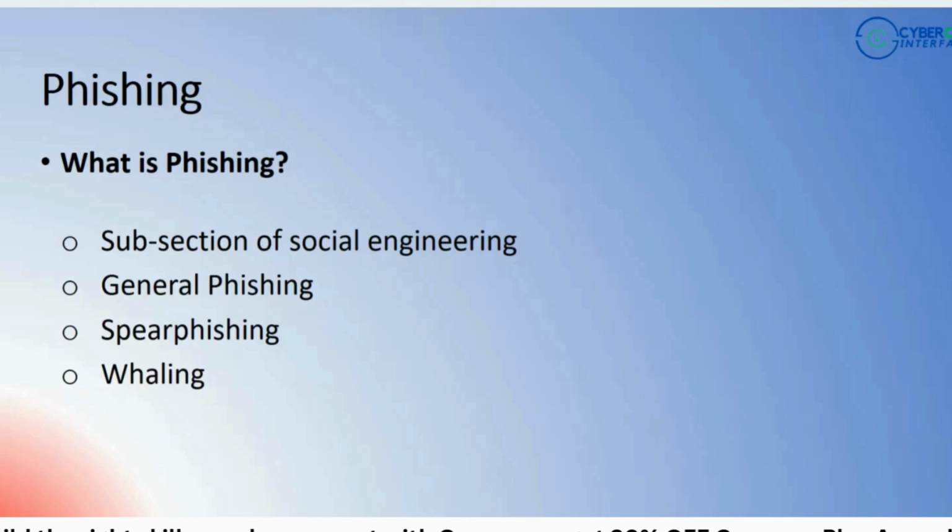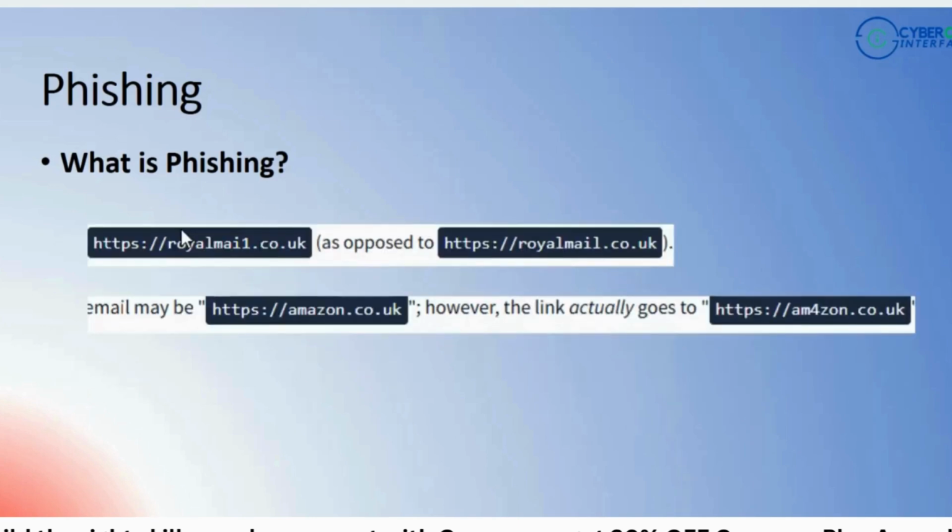Then whaling is when you are targeting top executives, like CEOs, CFOs, the top guys in a company, an organization or an institution. Those are whales; big shots are referred to as whales. So when you say whaling, it means you are trying to fish a whale.